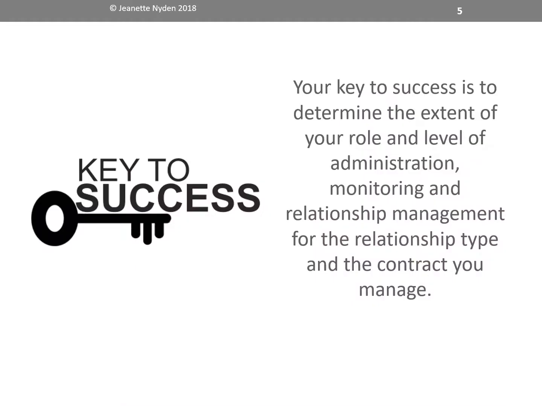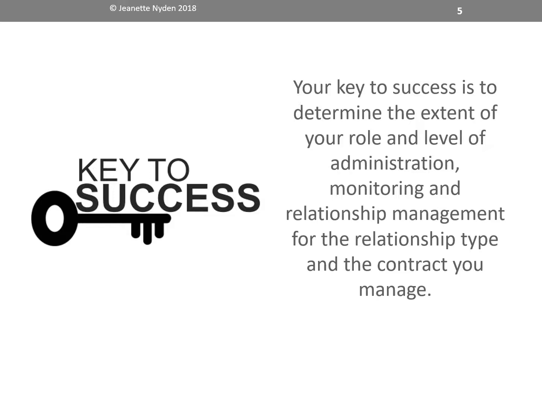Your key to success is to determine the extent of your role or a colleague's role and level of administration, monitoring, and relationship management for the relationship type and the contract that you or your colleague manage. In other words, the relationship type: is it performance-based? Is it outcome-based? Is it value-based?